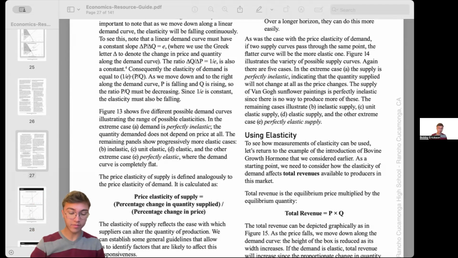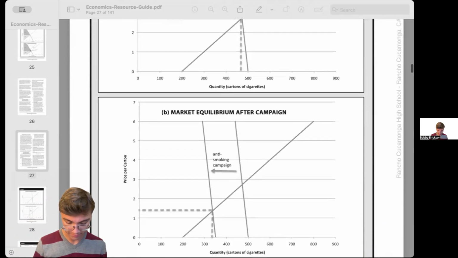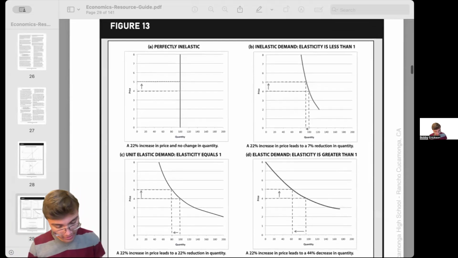And the other extreme case is perfectly elastic, in which the demand curve is perfectly flat. There is going to be, well, in a way, just mathematically, an infinite change for any change in price, when in reality it's just known to be completely flat and will change no matter what, pretty much. But we can see that in a perfect inelastic scenario, we're not changing the quantity demanded based on the price.